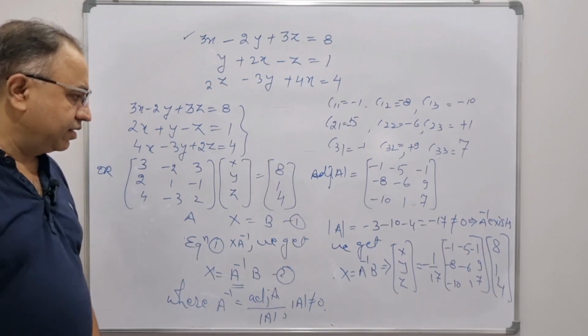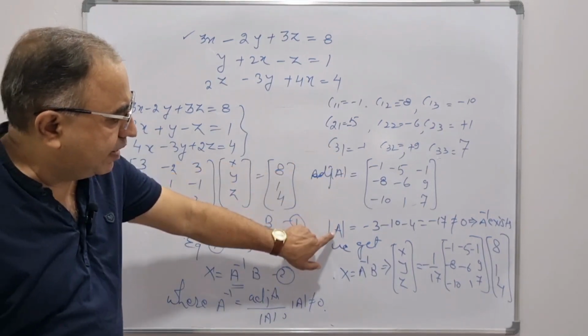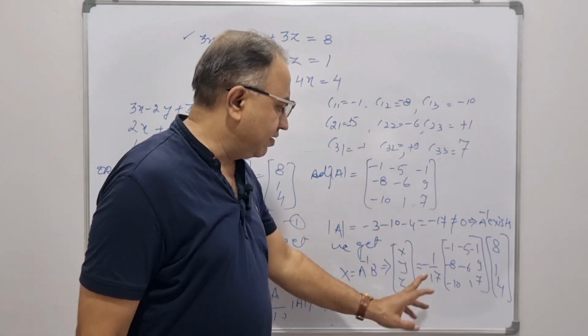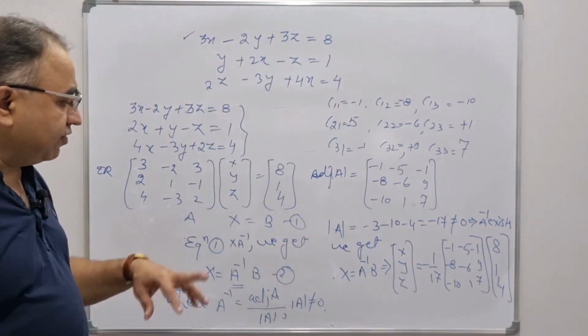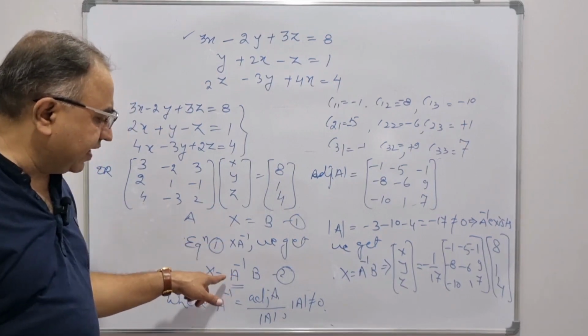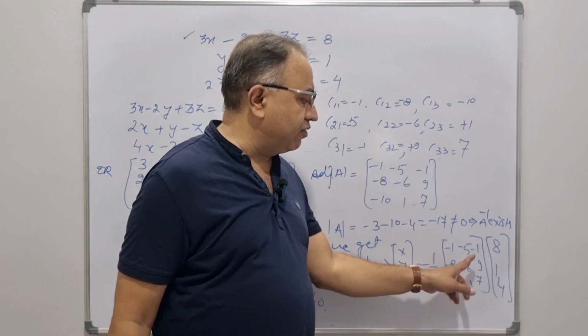What we did: we substituted the value of A inverse. A inverse means adjoint A divided by determinant A, which is minus 17. And then we substituted this value of A inverse in equation number 2. So x equal to A inverse B, where x means this column matrix.